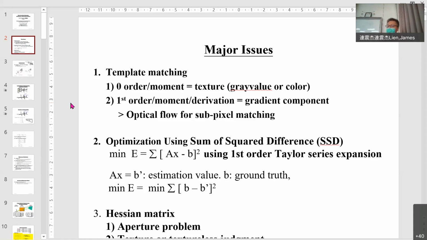For tracking, you only need to search a small region. So tracking will be much faster than detection. That's tracking.